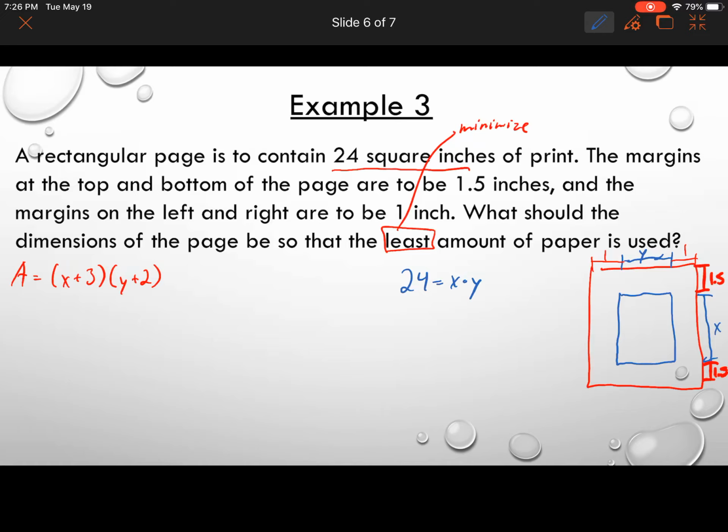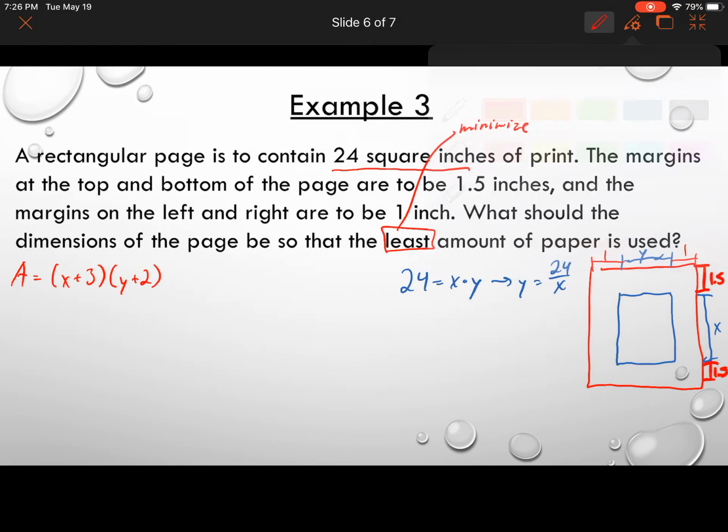So now we can solve this equation for y by just dividing both sides by x. So we get y is equal to 24 divided by x. And we're going to substitute this into y for this equation.